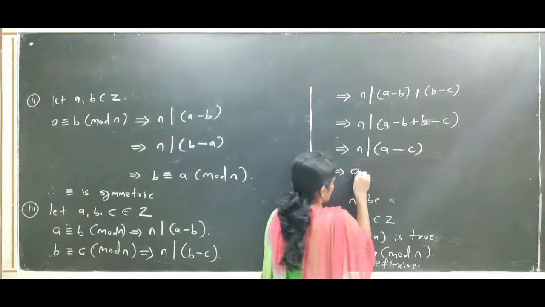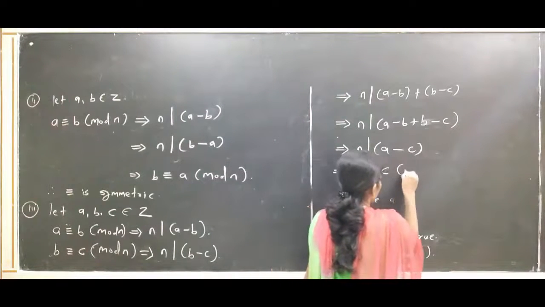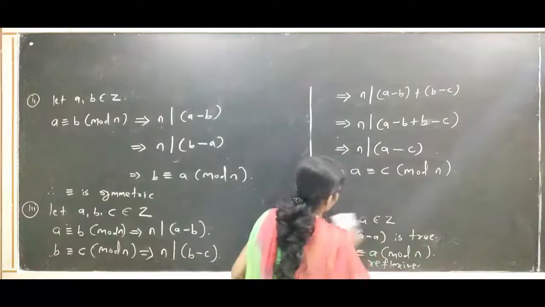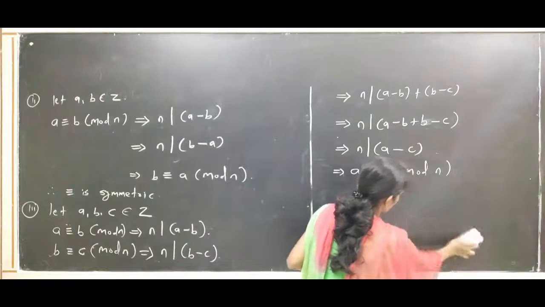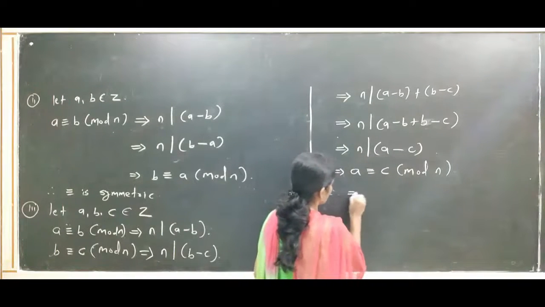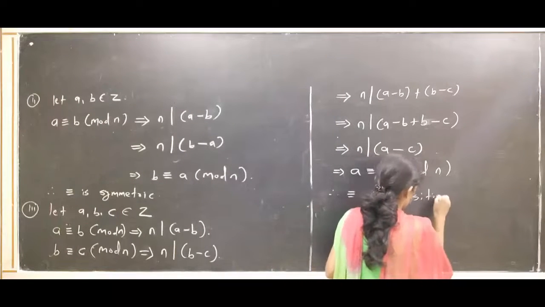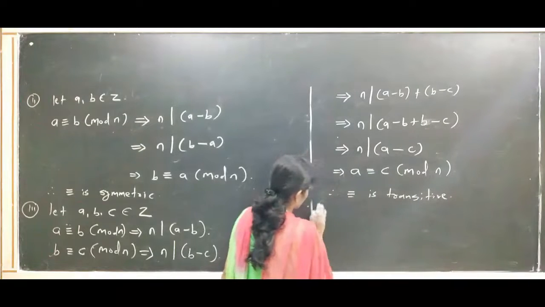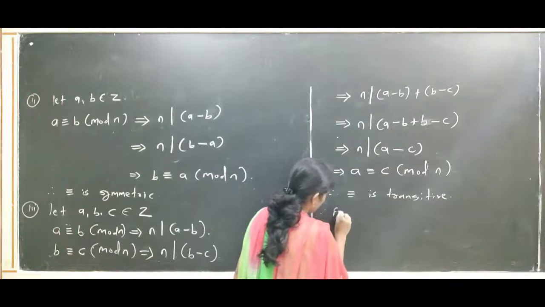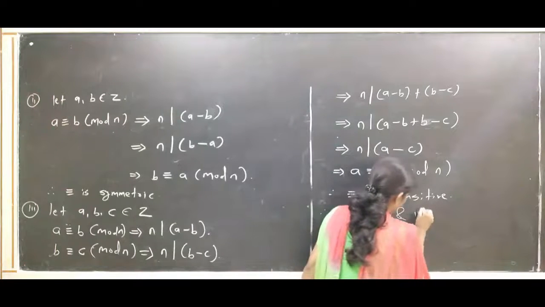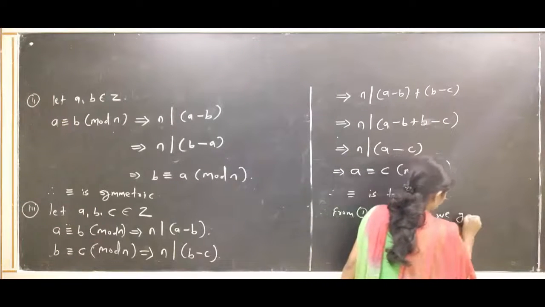So we get A congruent to C modulo N. So here we get that congruence relation is transitive.